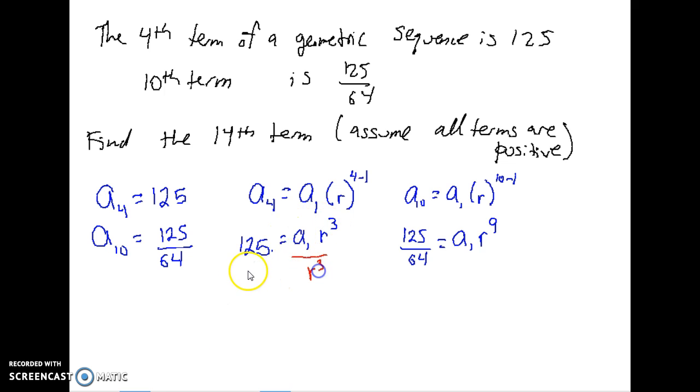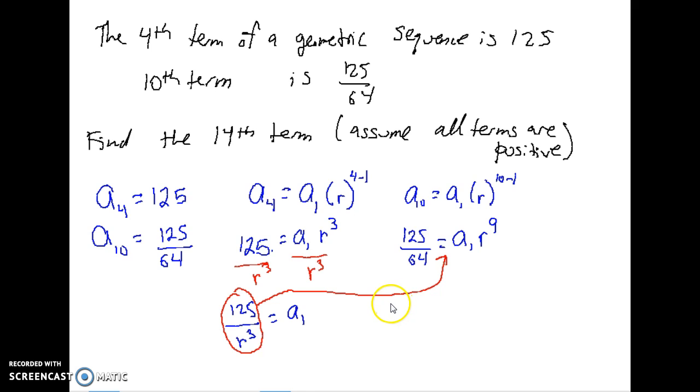I'm going to divide both sides by r cubed, so I get 125 over r cubed is equal to a of 1. I'm going to take that and plug it in over here. So what does this look like? It looks like 125 over 64 is equal to 125 over r cubed times r to the 9.